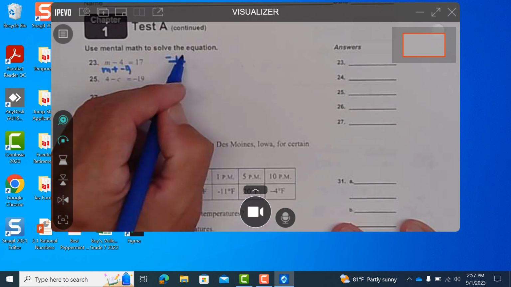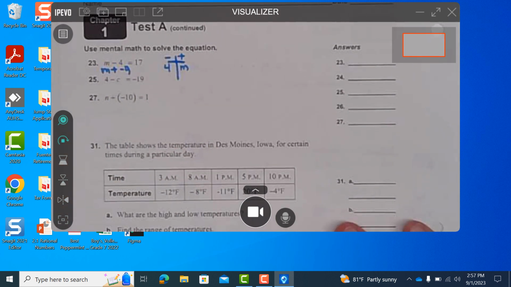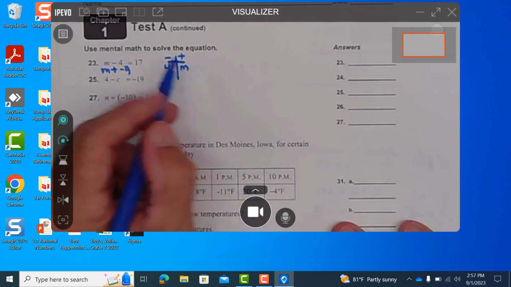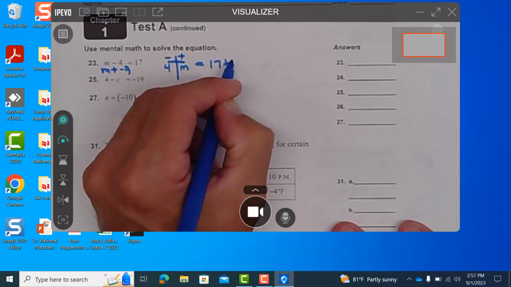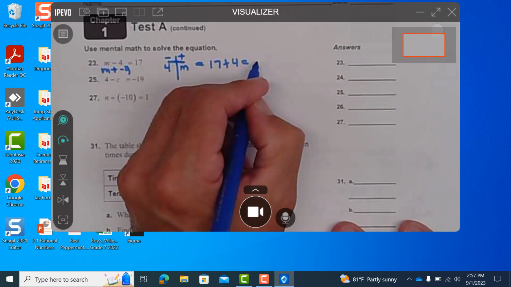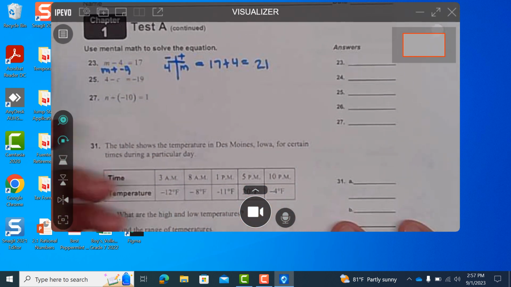So the 4 will be negative, and M is positive. And we want the positive team to win by 17. So we'll just add 4 to 17, and that gives us 21. So our number 21 take away 4 is equal to 17.